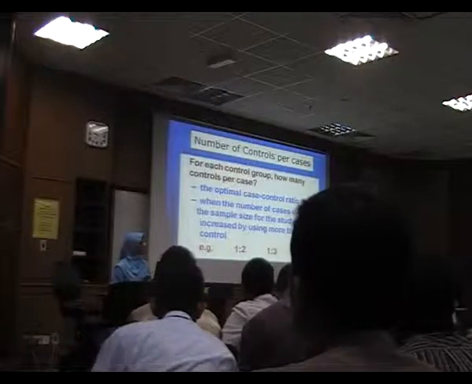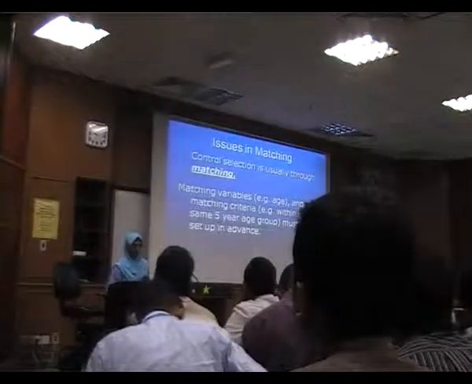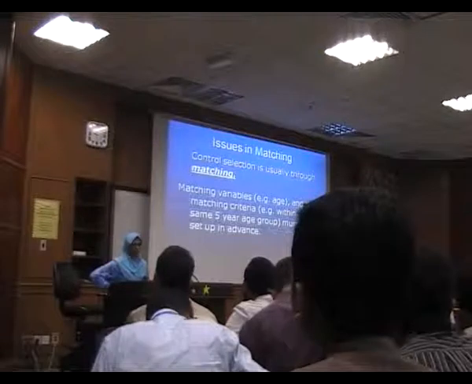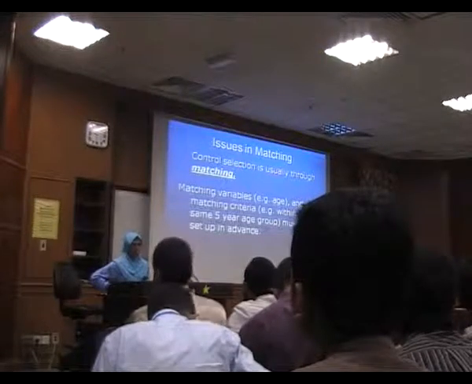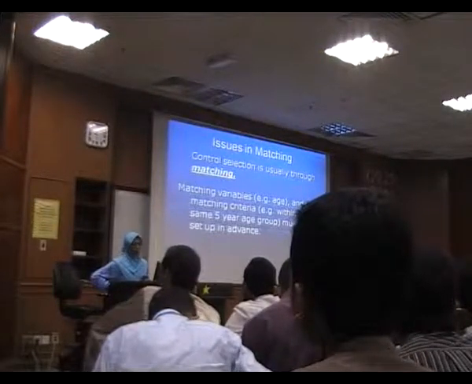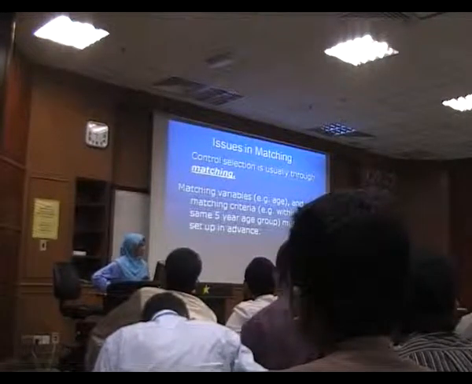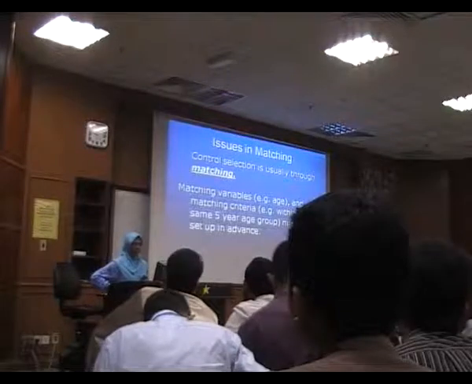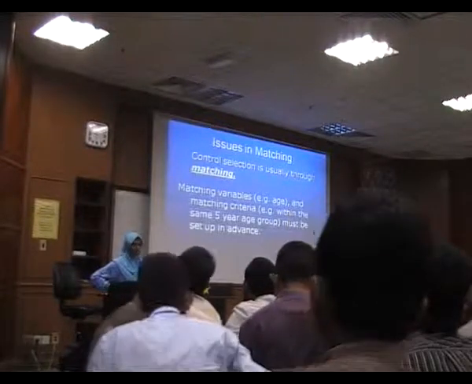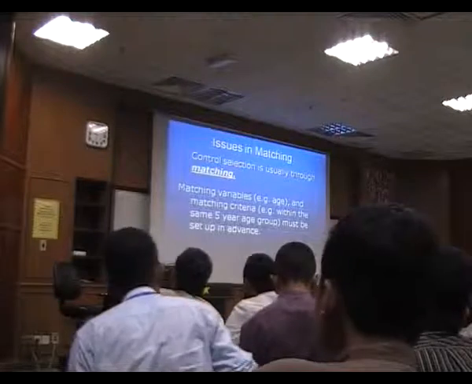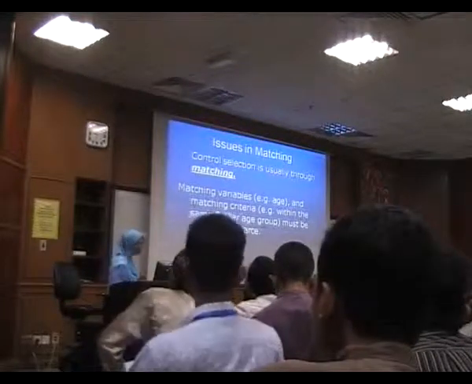Question? In a case control study, we always think about the matching between cases and controls. The matching variable, for instance, is age, with a matching criterion such as within the same 5 years, which must be set up in advance.